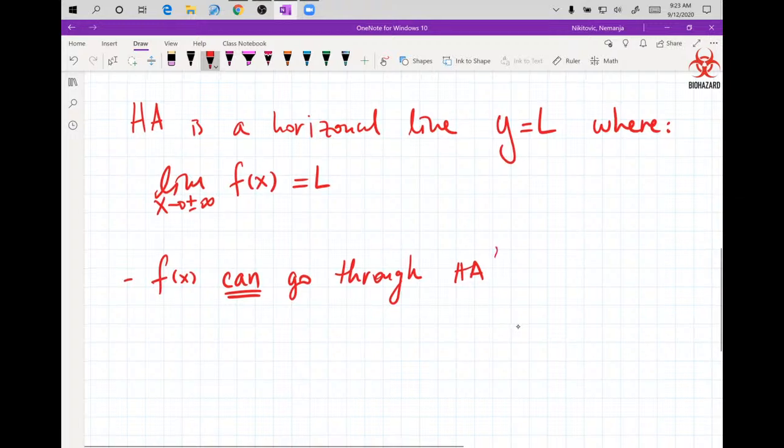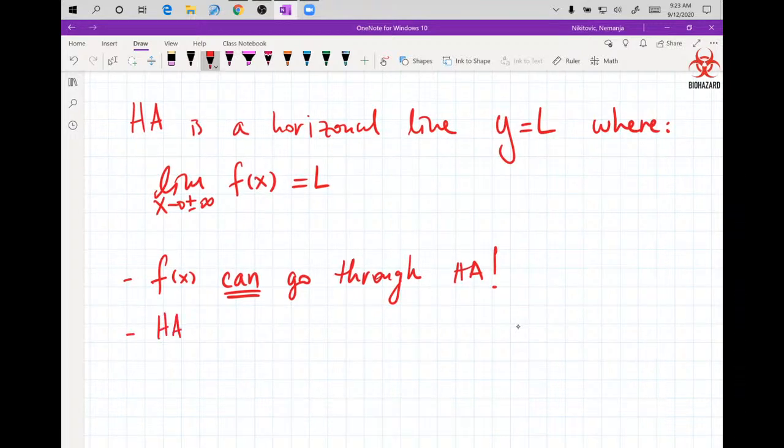That's a very important thing. f of x must obey the HA at plus or minus infinity. There we go, a much better way to say that.